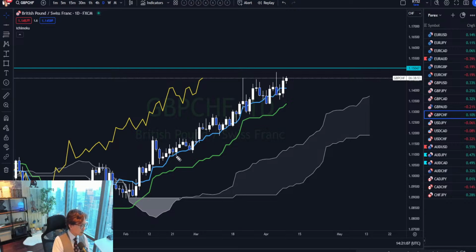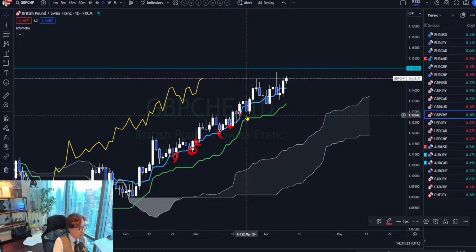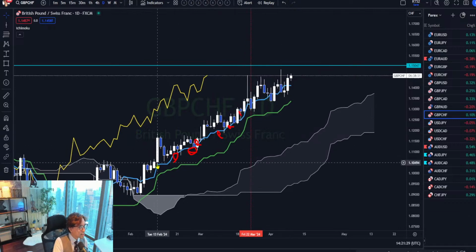In this case, the market has been supported by the Tenkan-sen, as you can clearly see here on the daily time frame. However, on the 22nd of March this year, it broke the Tenkan-sen for the first time ever since it became bullish.